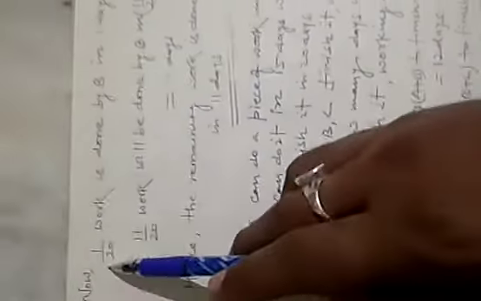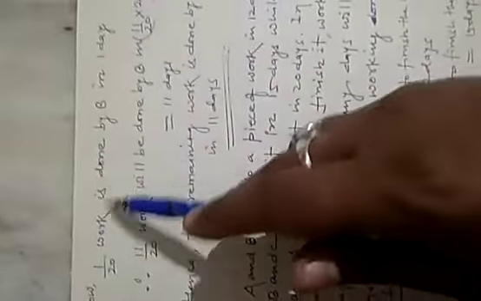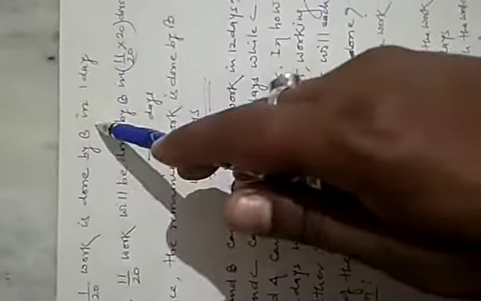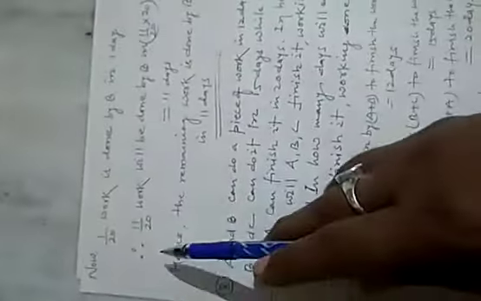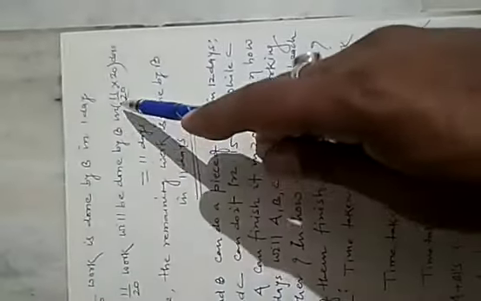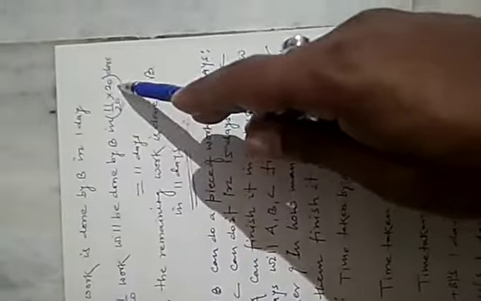Now 1 by 20 work is done by B in one day. Therefore 11 by 20 work will be done by B in 11 by 20 into 20 is equal 11 days. Hence the remaining work is done by B in 11 days. Student, clear?